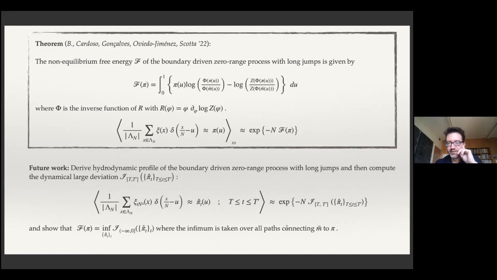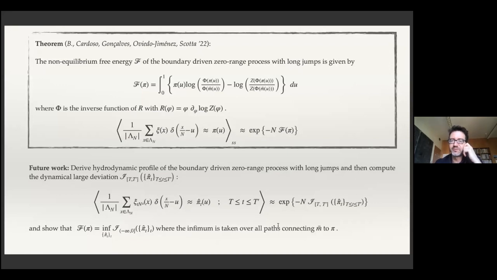But still, this is just a work in progress. We still don't have this done. Okay, so it was my last slide. The main message is that I would like to invite people to work on this kind of system. I think it is interesting to try to develop some macroscopic fluctuation theory for super diffusive systems.